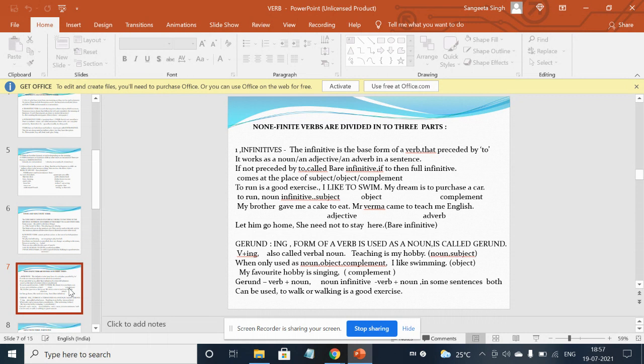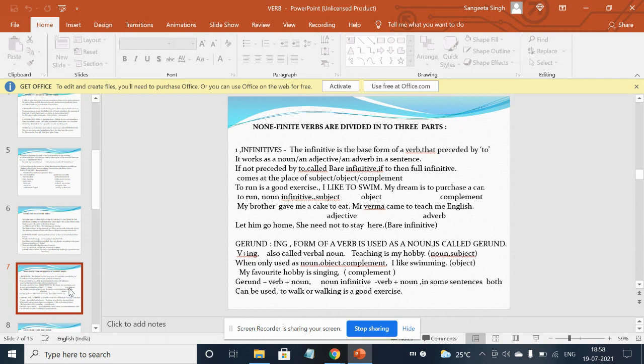Second form is gerund. An ing form of a verb used as a noun is called gerund. It means verb plus ing. This is also called verbal noun. You can say, teaching is my hobby. Here, teaching is a noun, the subject. It can also be used as object or complement.